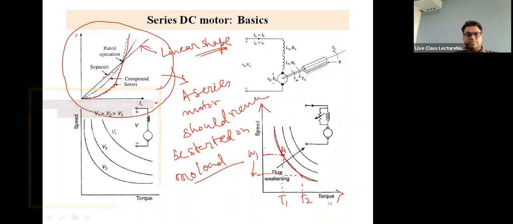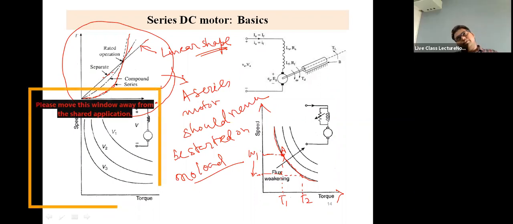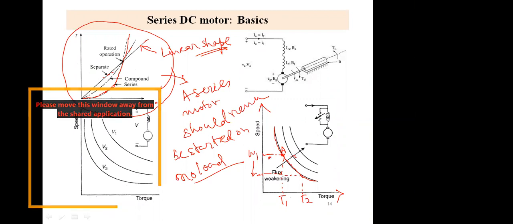This is a very good interview question. So tell me what could happen. Sir, it will rotate at infinite speed. So infinite speed cannot happen, right? But physically it will reach such a high level of speed that all the parts will tend to fly out. So never start a DC series motor without a load. That's the lesson. Okay, so I have to go to the next PPT.